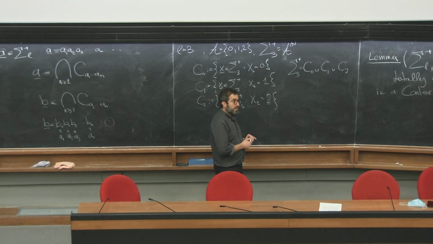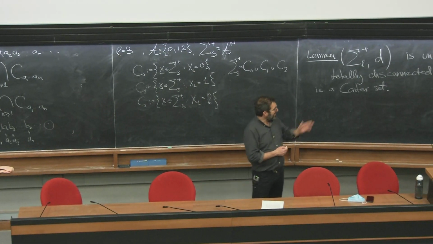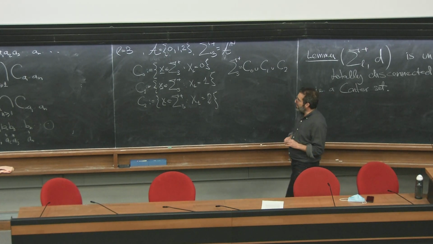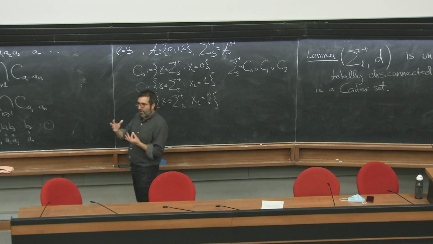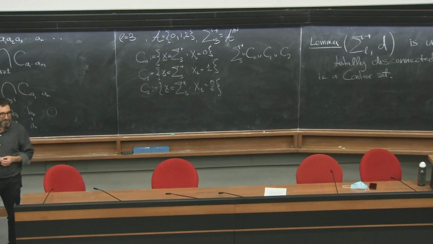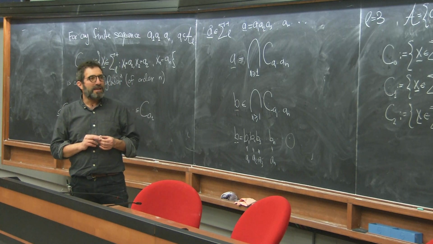The Cantor set is called perfect, it's kind of the perfect space. In fact, it's much more flexible than an interval in many ways, because of this being totally disconnected.